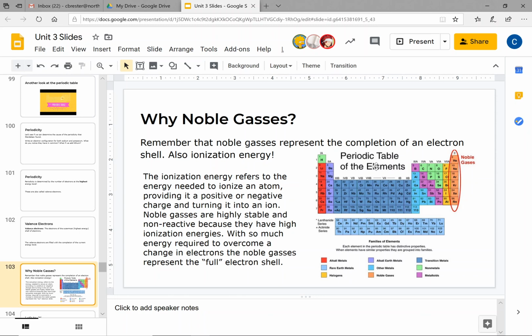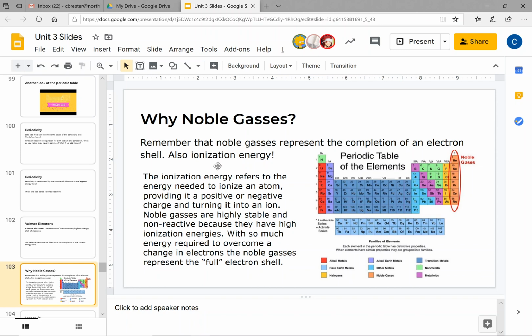Then we have 2s2, 2p6. Neon is the end of 2p6, which is the end of all electrons in energy level 2. Or we have 3s2, 3p6. Argon is the end of energy level 3. So the noble gases represent the end of that energy level.